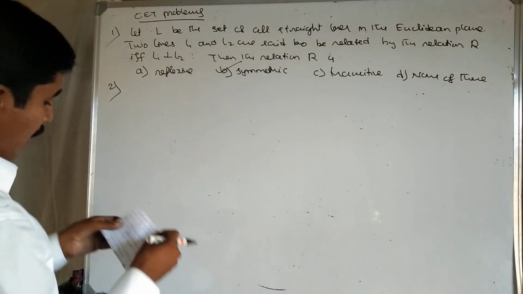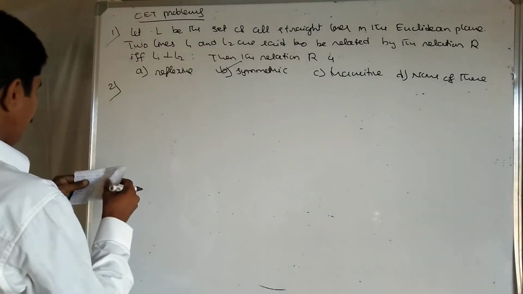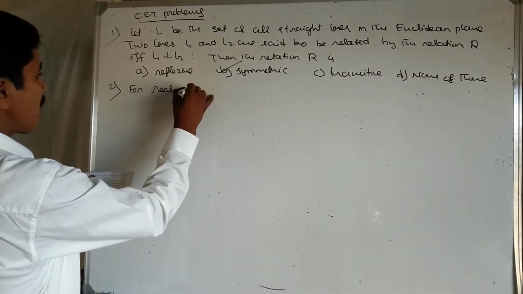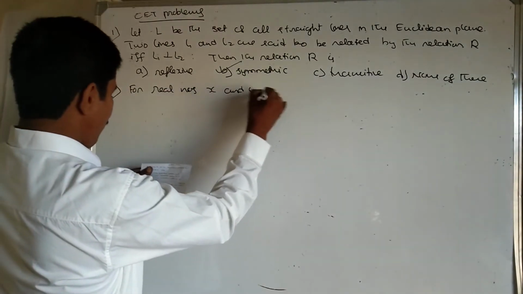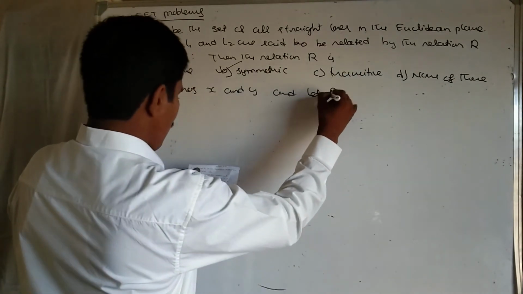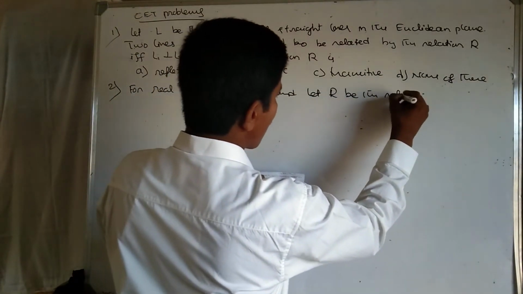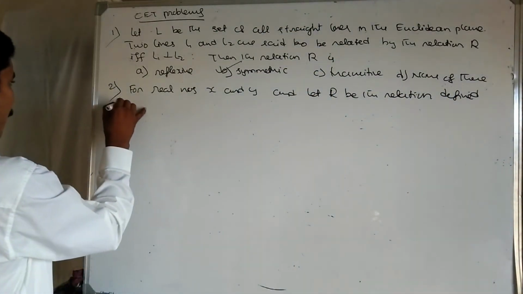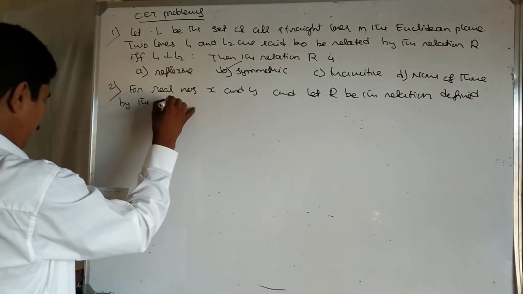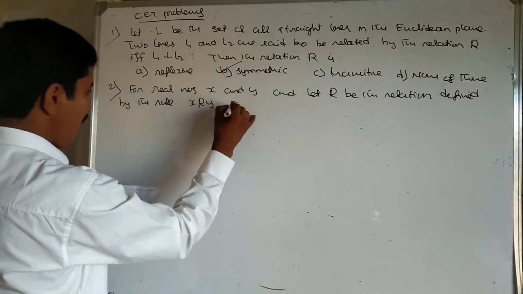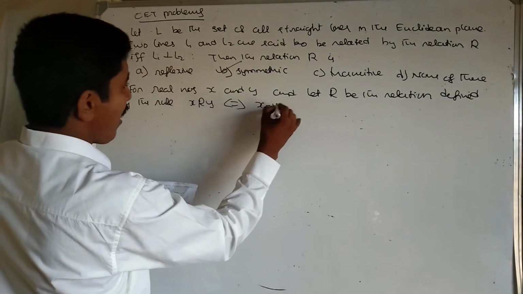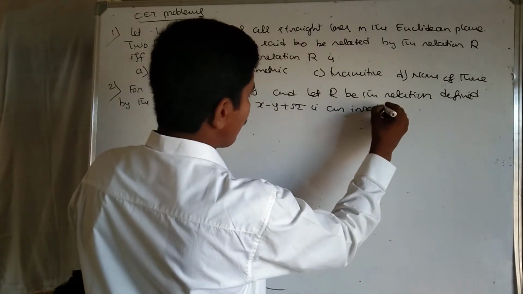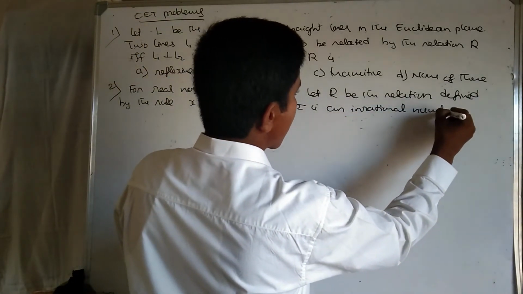Next, second problem. For real numbers x and y, let R be the relation defined by the rule x is related to y if and only if x minus y plus root 2 is an irrational number.